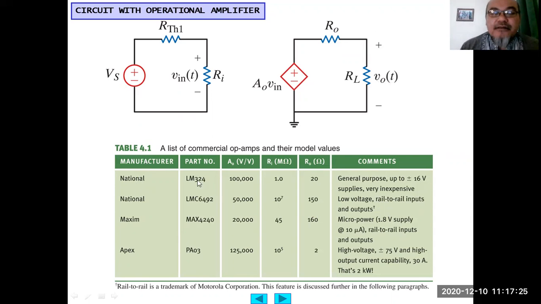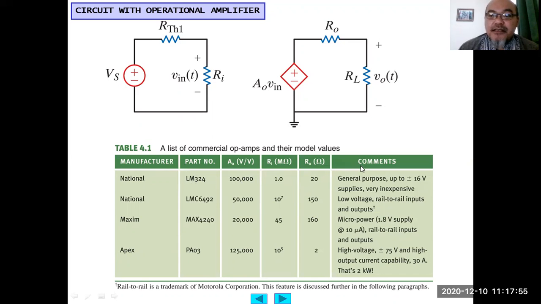So this table lists some of the values of A0, Ri and Ro of typical operational amplifiers made by different manufacturers. National Semiconductor LM324 has a gain of 100,000 with input resistance of 1 mega ohm, output resistance is 20 ohm.